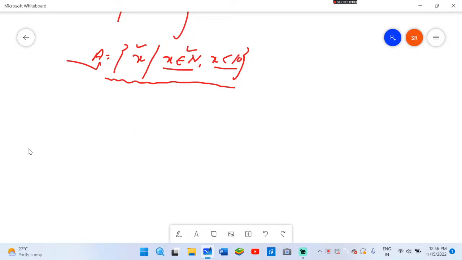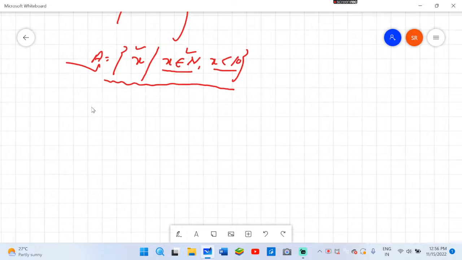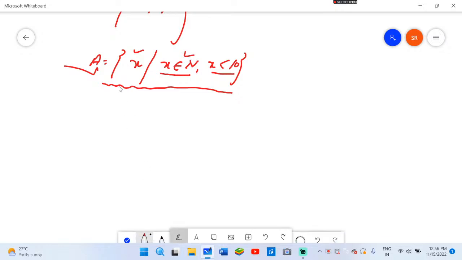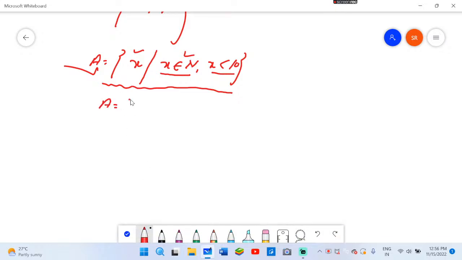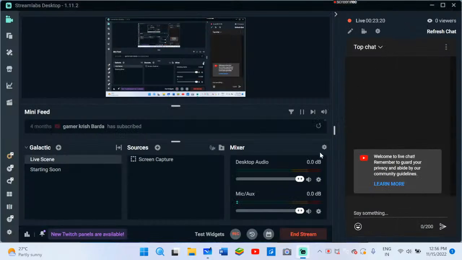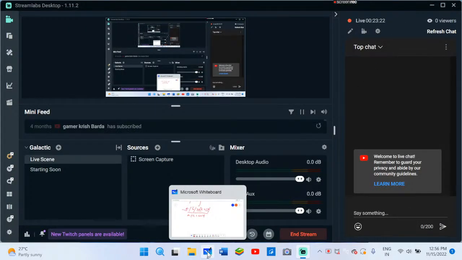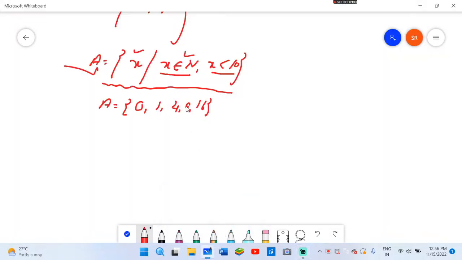Similarly, we can take some more examples. Set A is given to us, let us say 0, 1, 4, 9, 16. So here, how to write in set builder form?